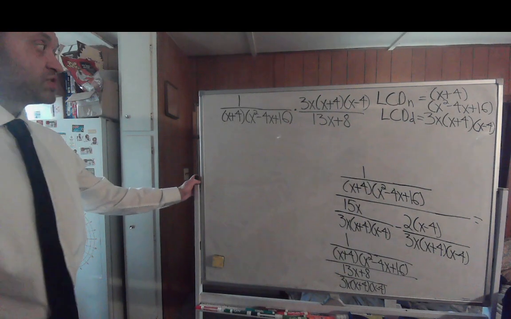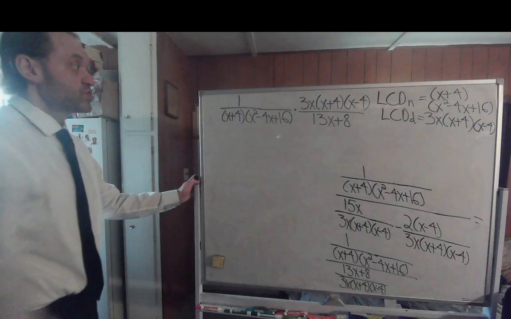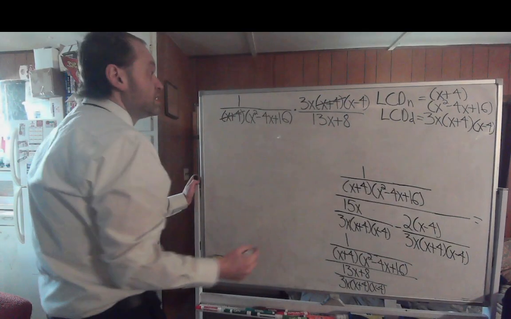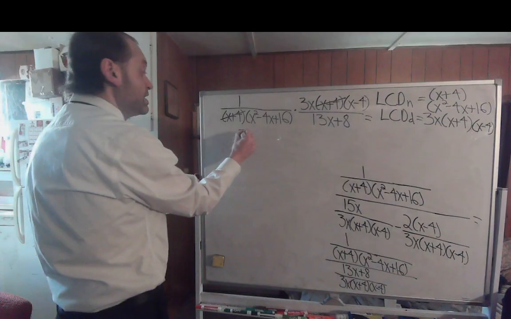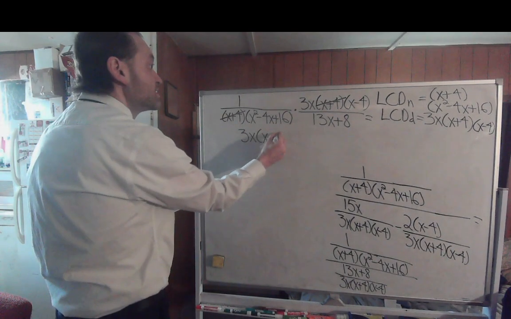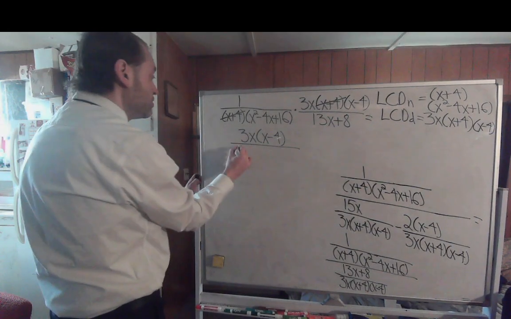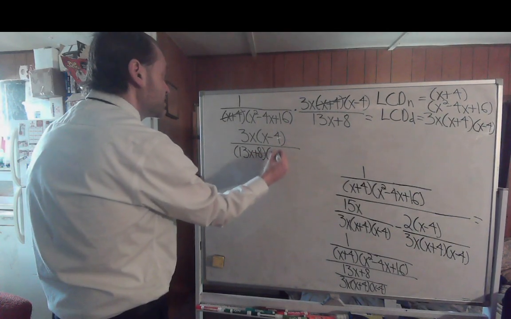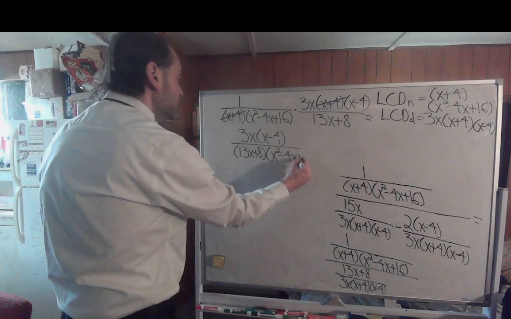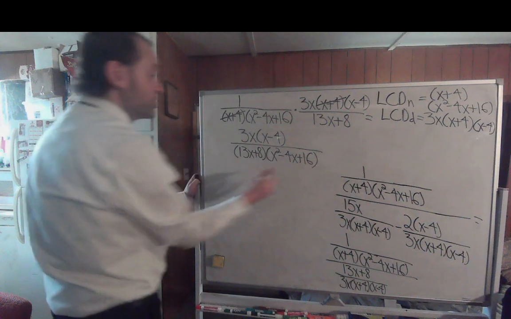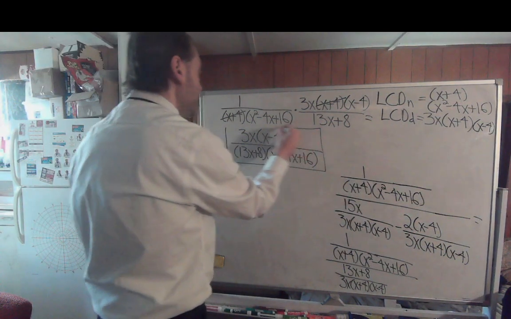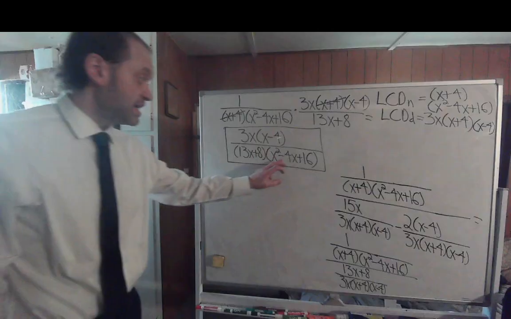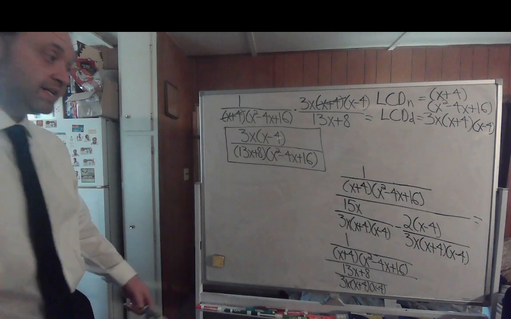Well, what cancels between the numerator and the denominator? Unfortunately, all that's going to cancel is going to be your x plus 4s. So your end result is going to end up being 3x times x minus 4 all over 13x plus 8 times x squared minus 4x plus 16. And that's what your end result would be, is this hideous thing right here. 3x times x minus 4 all over 13x plus 8 times x squared minus 4x plus 16.